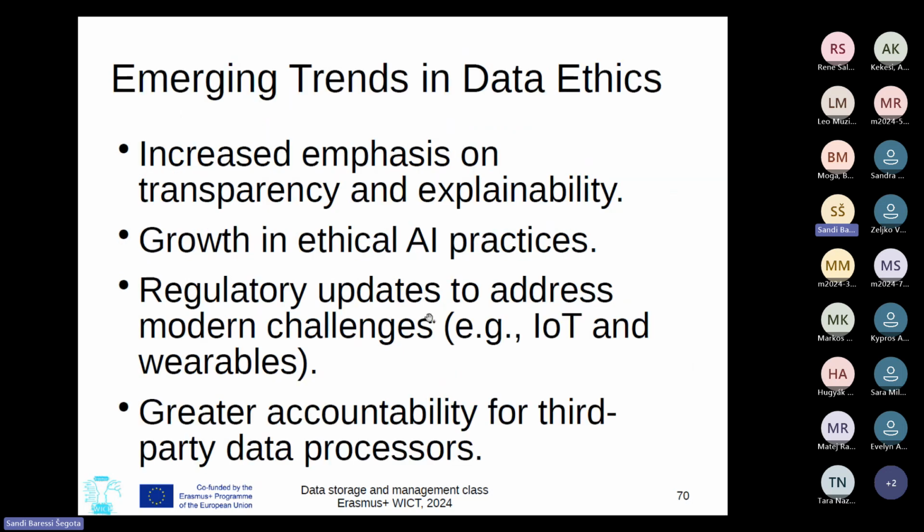So what are some emerging trends? Let's call it that. What are some newly focused things here? First is transparency and explainability in models. As I mentioned, some machine learning techniques are black box. They are so complex, right?